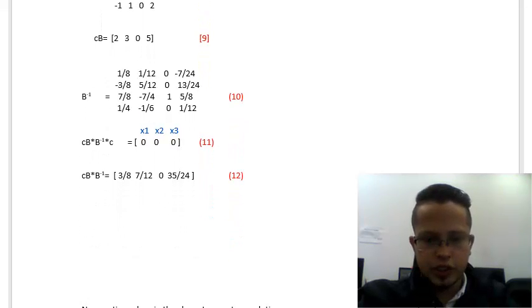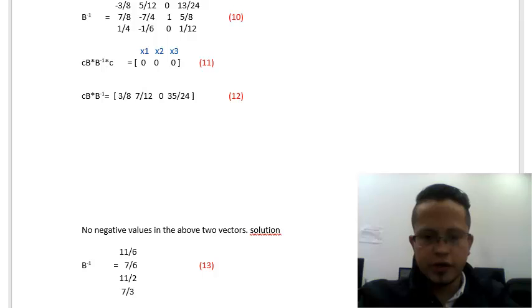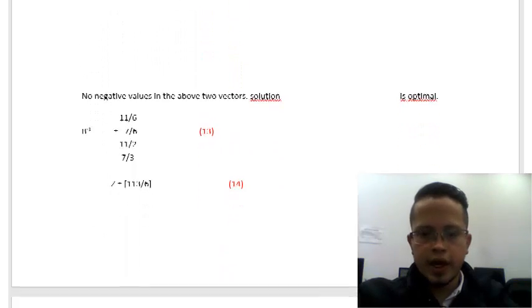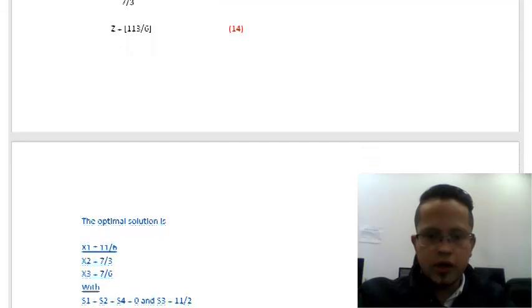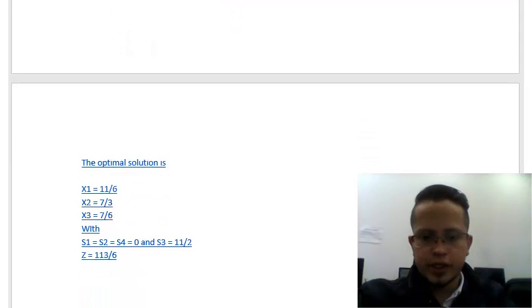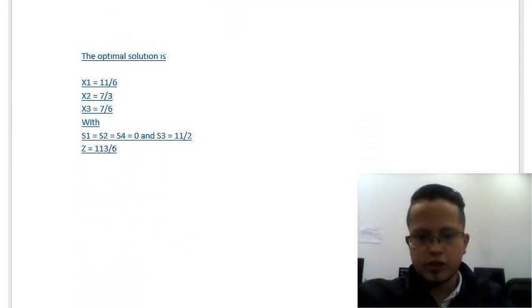It will change the CB accordingly. The coefficient of x3 in the objective function of the original problem is replaced here.